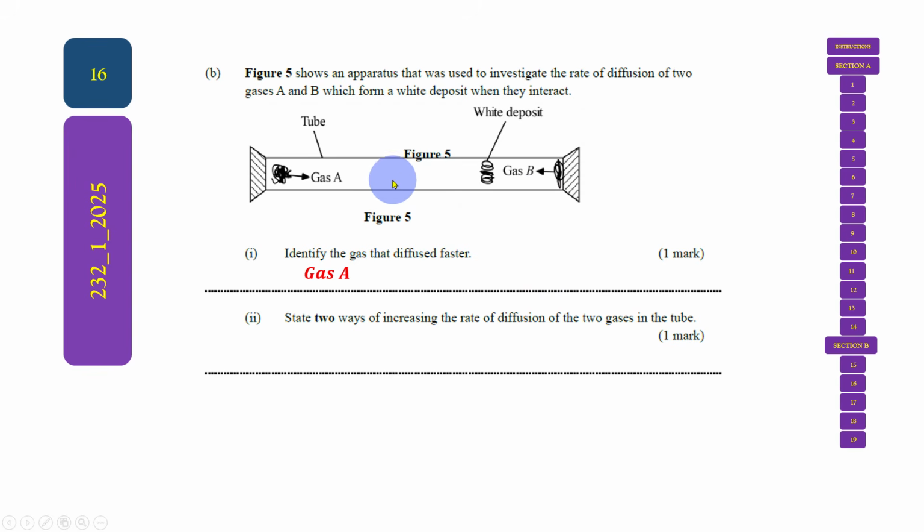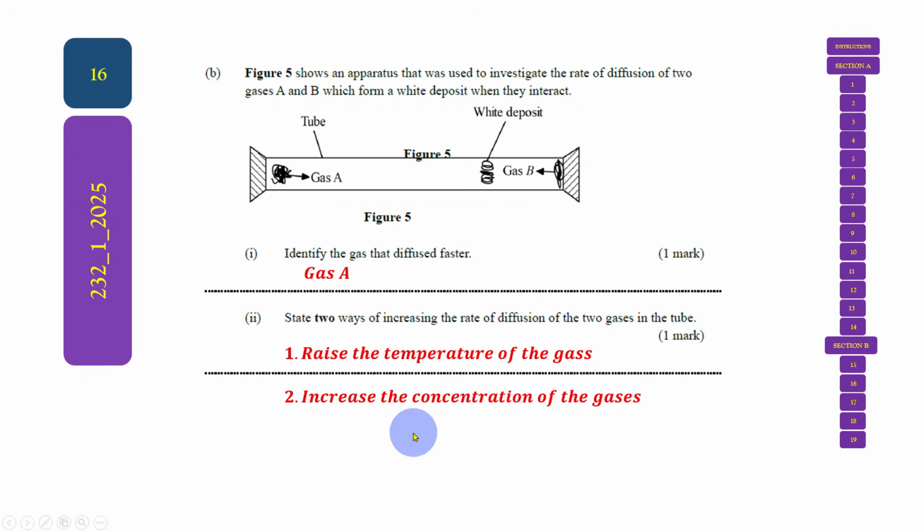Another way would be to increase the concentration of the gases, right? So you can state any two factors. Number one, raise the temperature of the gas. And number two, increase the concentration of the gases.